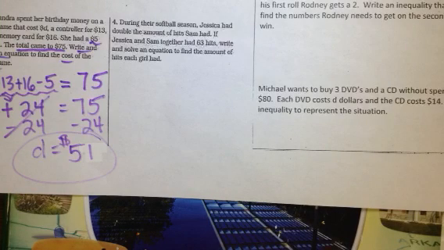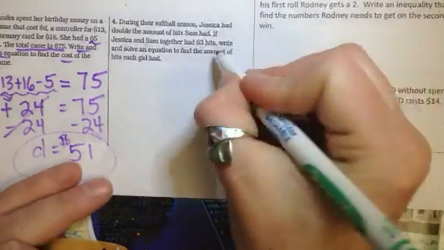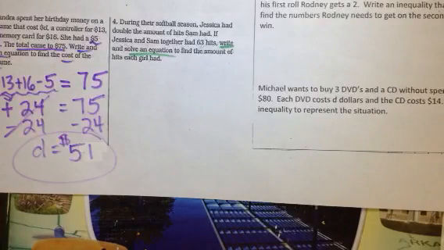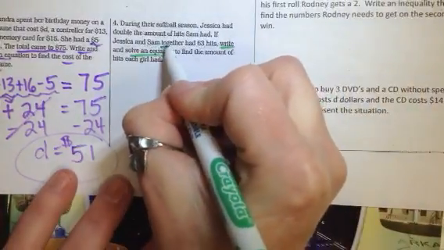During their softball season, Jessica had double the amount of hits that Sam had. If Jessica and Sam together had 63 hits, write and solve an equation to find the amount of hits that each girl had. Okay, I'm going to start with the total.